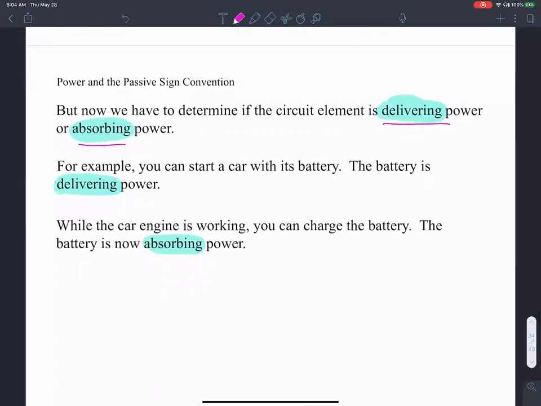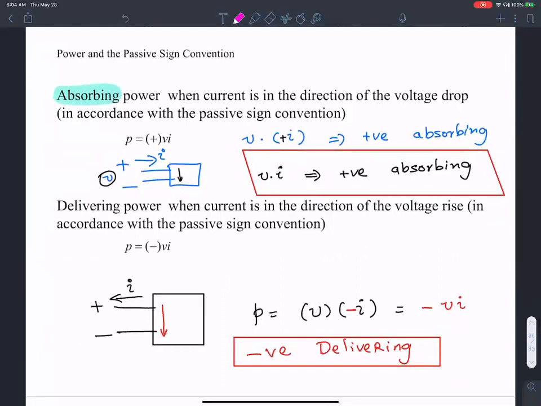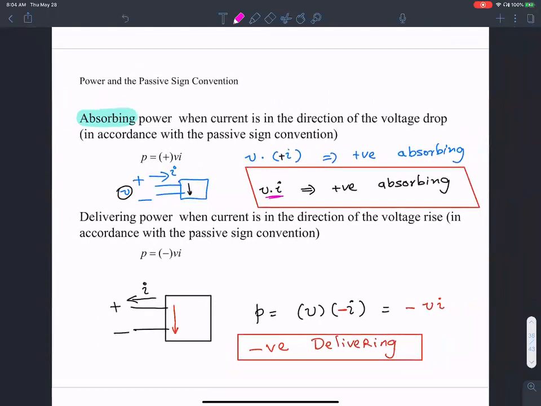When the product of V and I is positive, the circuit element is absorbing power. And when the product of voltage and current VI is negative, then we say the circuit element is delivering power. This is something we looked at in the last class.